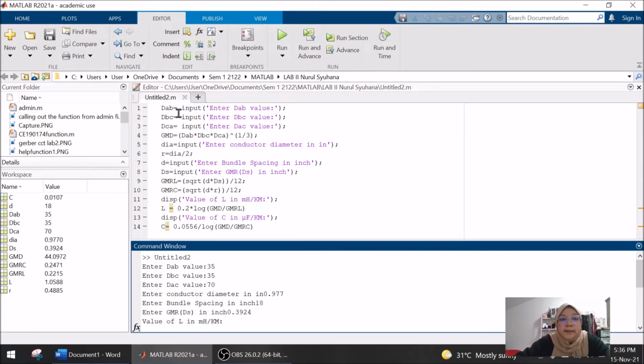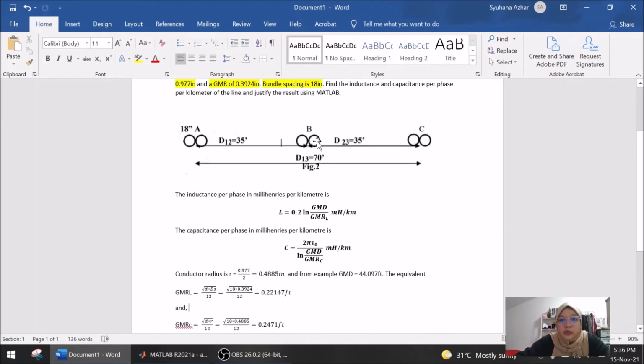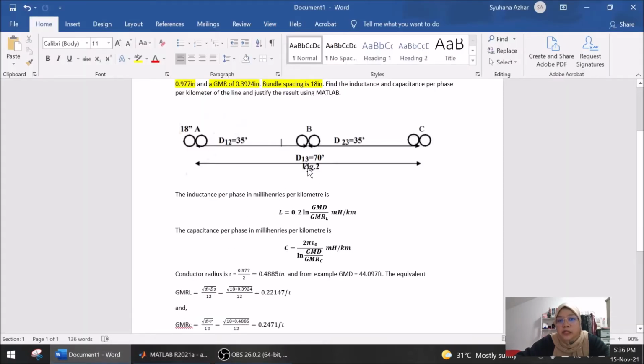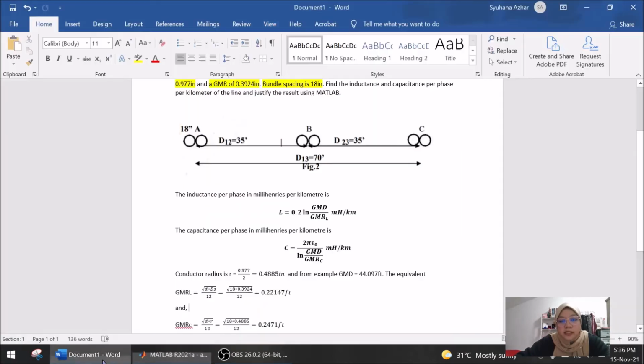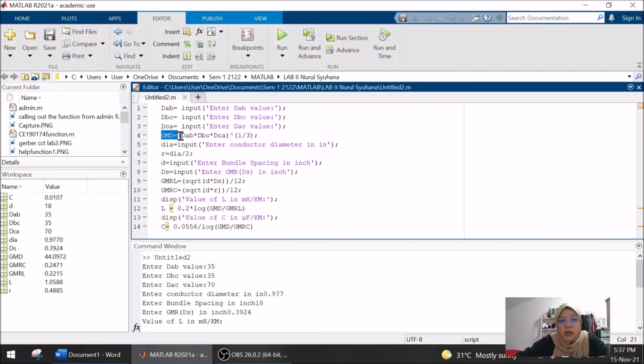DAB is the distance of A to B, and we put the DAB value as 35. DBC is the command for the distance B to C, and DCA is the distance of A to C, which is 70. We put 70 here.